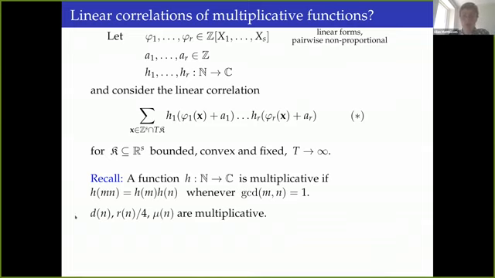Such cases include the divisor function, the function that counts representations by sums of squares if you divide out by 4, and, as an intermediate step in Green and Tao's work on primes, the Möbius function has been analyzed. All of these are multiplicative.